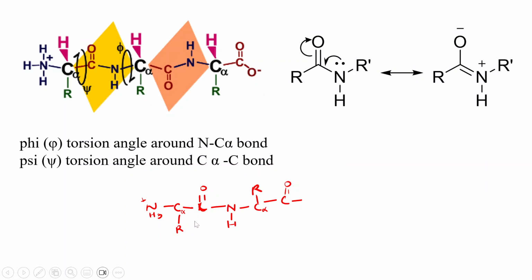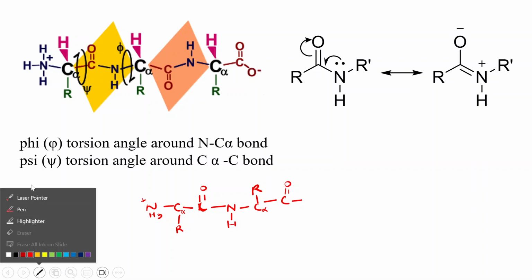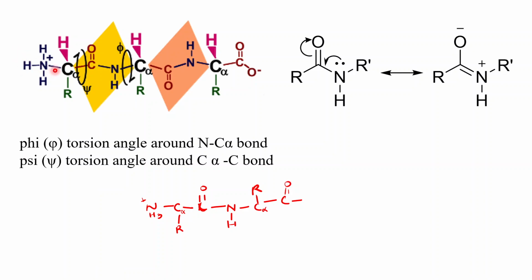If it is a glycine, it would be H; if it is an alanine, it would be CH3, and like that. The only difference would be these R groups, and this is the peptide backbone that you will see.